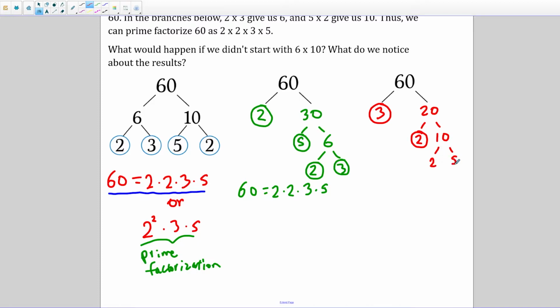And then finally we have 2 and 5, and both of those are prime numbers. So once again, even though we started with different numbers in our first layer, we end up with exactly the same prime factorization. So we can tell that it doesn't really matter what two numbers we start off with, we're always going to end up with the exact same prime factorization.